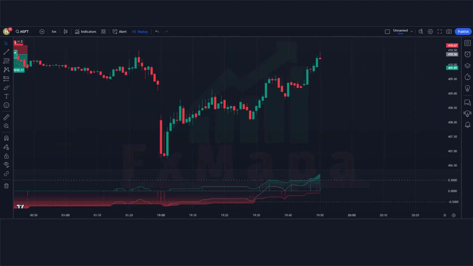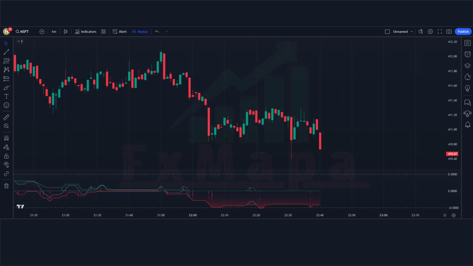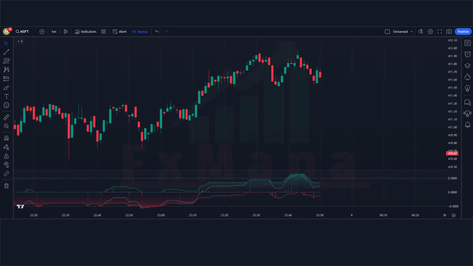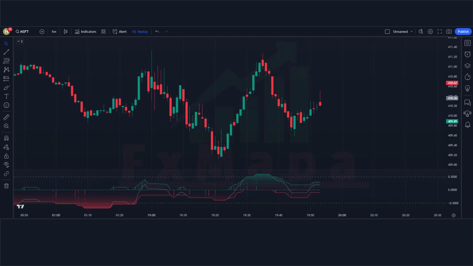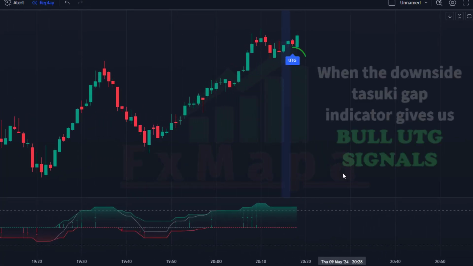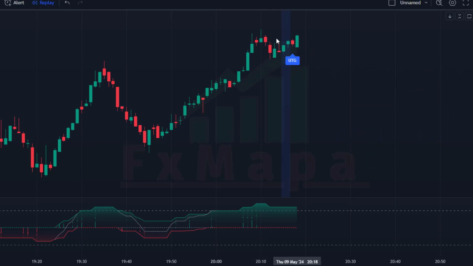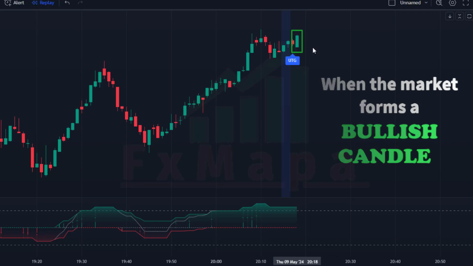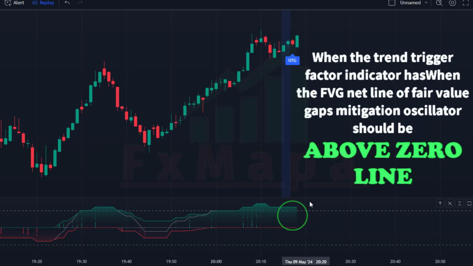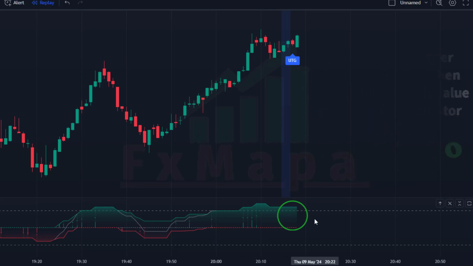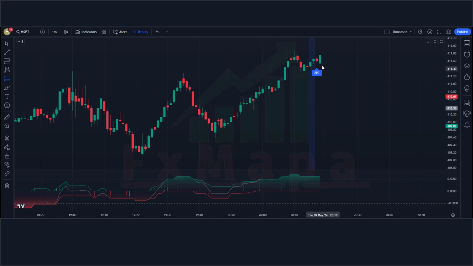Now let us understand the long position. When the upside Tsuki Gap indicator gives us bull UTG signals, when the market forms bullish candles, and when the FVG net line of the fair value gaps mitigation oscillator is above the zero line, if this condition is fulfilled, then we will place a buy order.